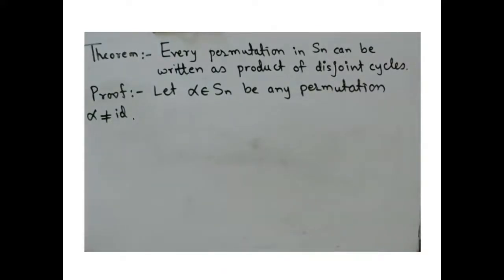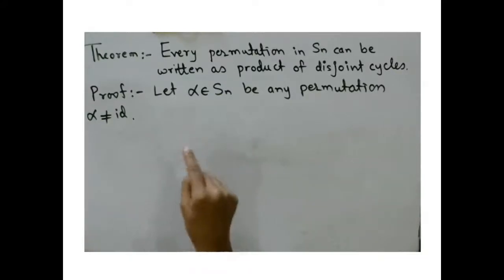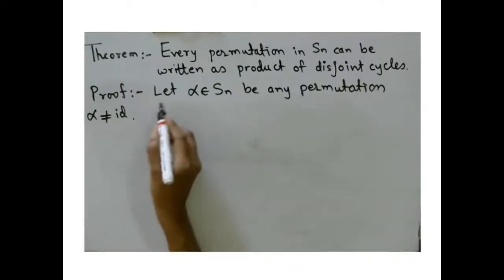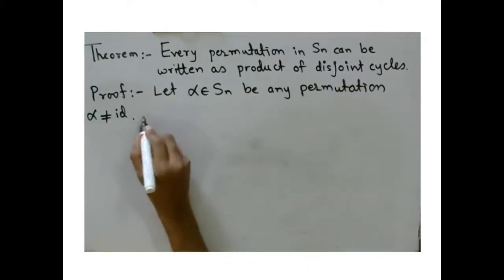Because in the identity permutation, 1 is mapping to 1, 2 is mapping to 2, 3 is mapping to 3, so it is obvious that it can be written as product of disjoint 1-cycles (1), (2), (3), and so on. Let alpha belong to Sn be any permutation. Alpha is not equal to identity.